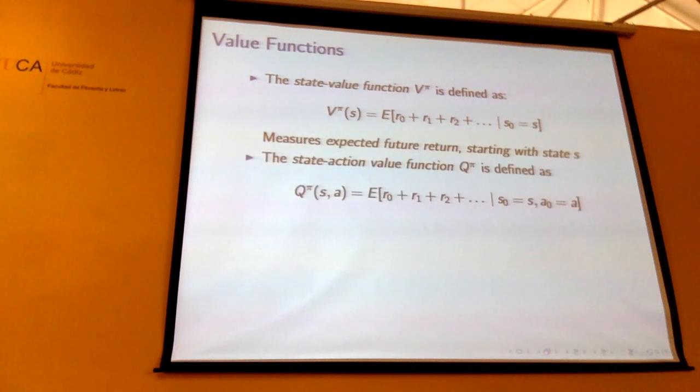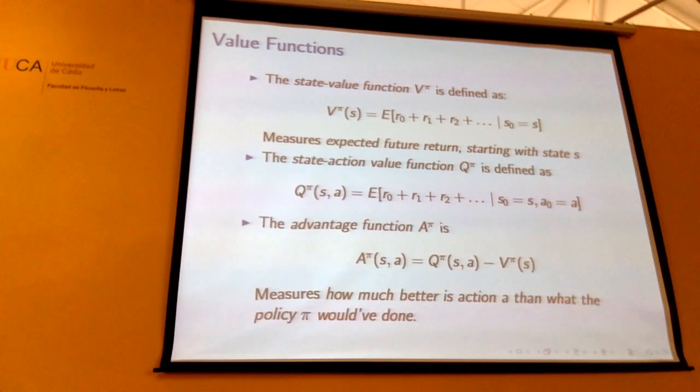Okay, and then there's another kind of value function called the state action value function, often called the Q function, which also conditions on the first action. So it's defined as the expected sum of rewards conditioning on the first state and the first action. And this tells you how good is this state and this action. And lastly, we can define this advantage function, which takes the difference between the Q function and the value function.